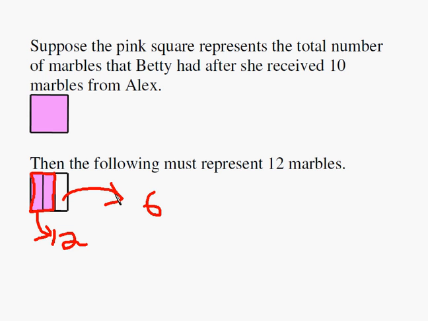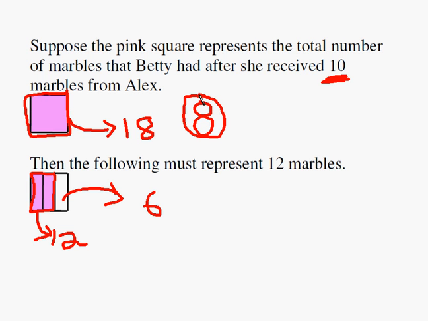We also know that after Betty received her 10 marbles, she ended up having altogether 18 marbles. This must be 18 now. Now take a look at it. If Betty had 18 marbles after she received 10 of Alex's marbles, how many marbles did she have before Alex gave her 10 of his marbles? I'm going to go ahead and say 8.